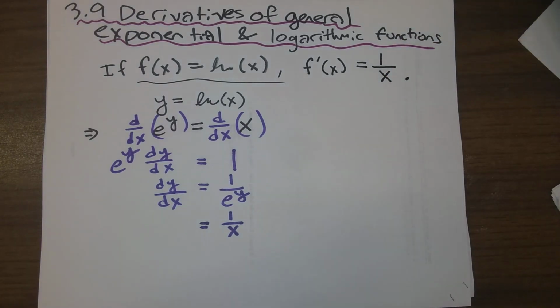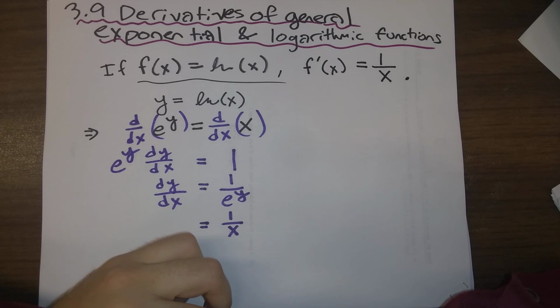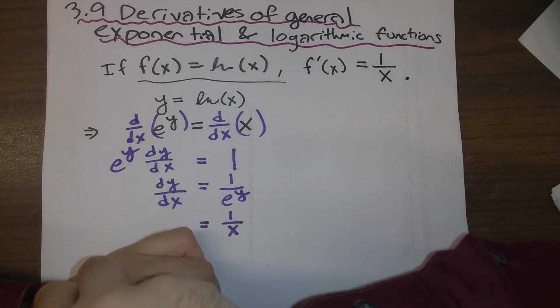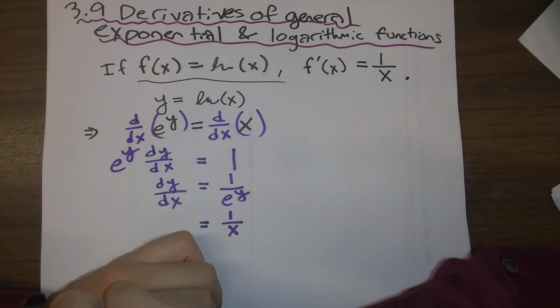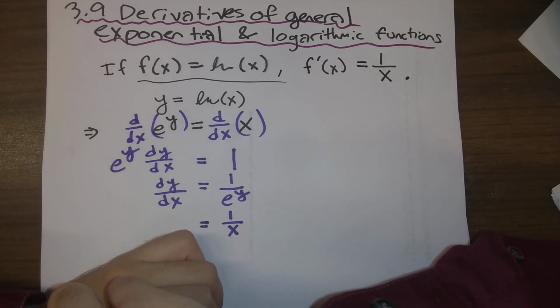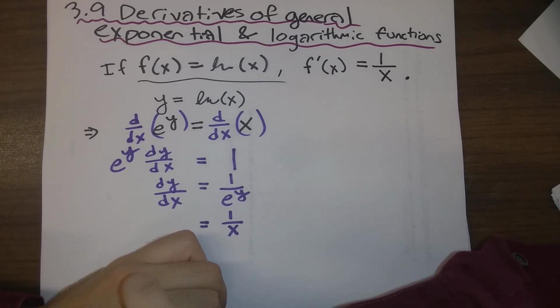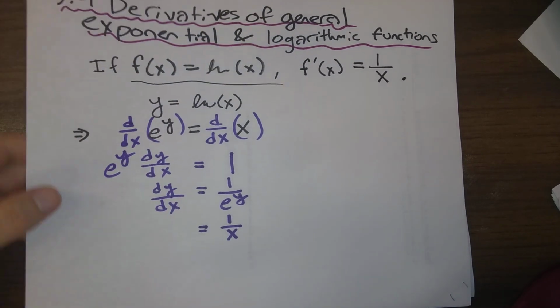So here is one more function to add to the list of functions that we know the derivative of. The derivative of natural log of x is 1 over x. Okay, so let's do some examples with this.